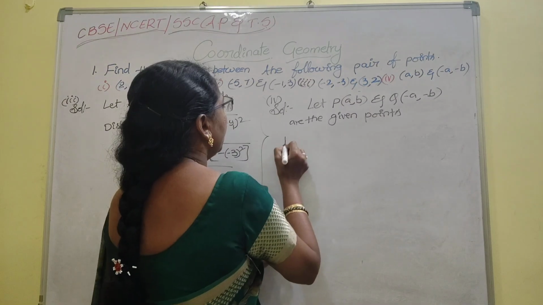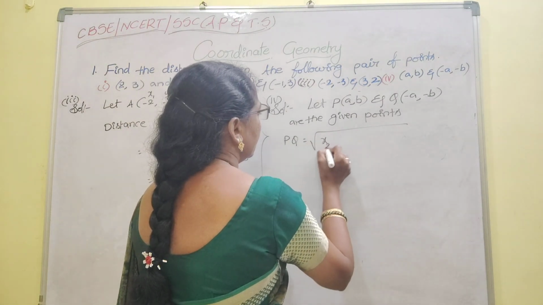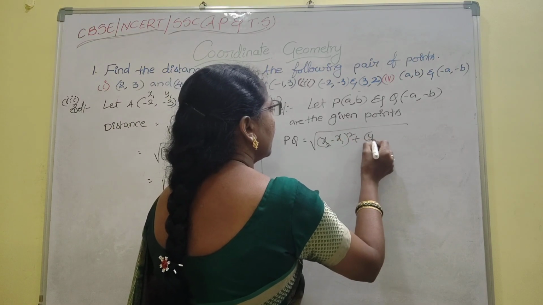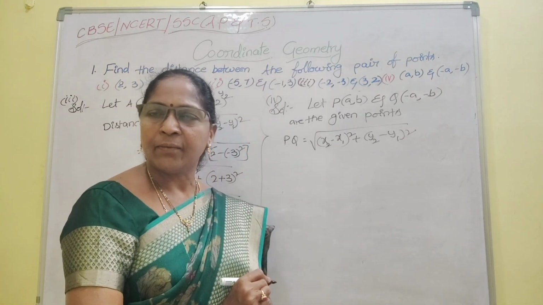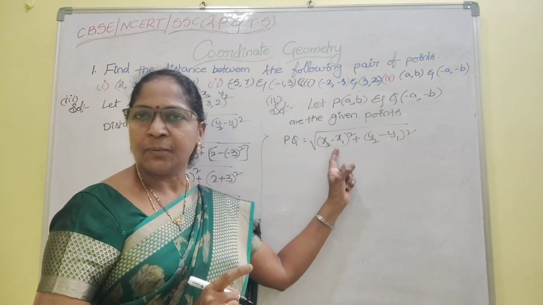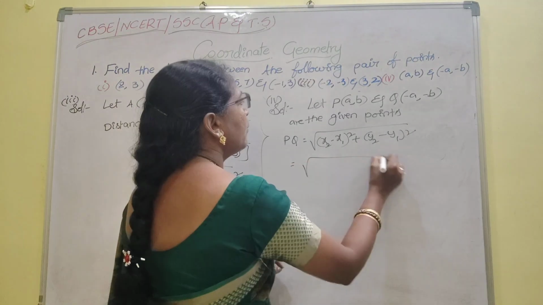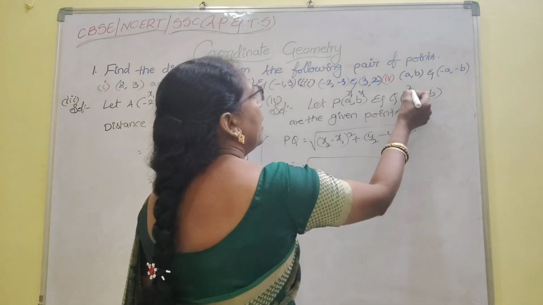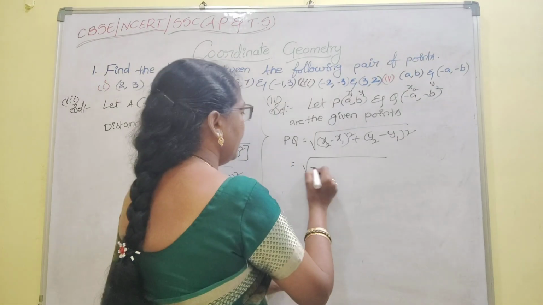Now PQ equal to square root of x2 minus x1 whole square plus y2 minus y1 whole square. All this is the distance formula. That equal to square root of, where here again write down x1 y1, x2 y2, where x2 equal to minus a.